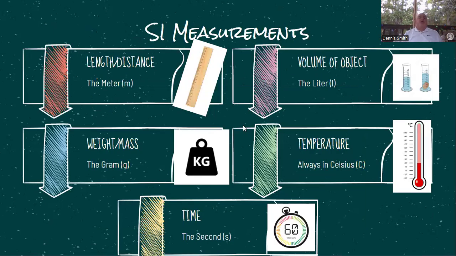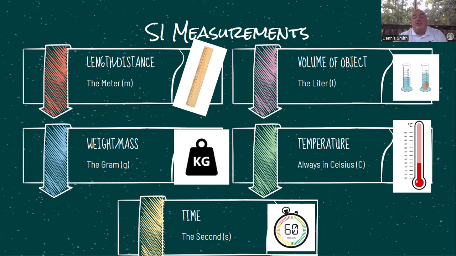So what are some of the SI measurements that we have? To measure length and distance, it's the meter. To measure the volume of an object, it's going to be the liter. To measure weight or mass, it's the gram. Whereas for us, weight is in pounds, but weight or mass is going to be measured in the gram in SI measurements.